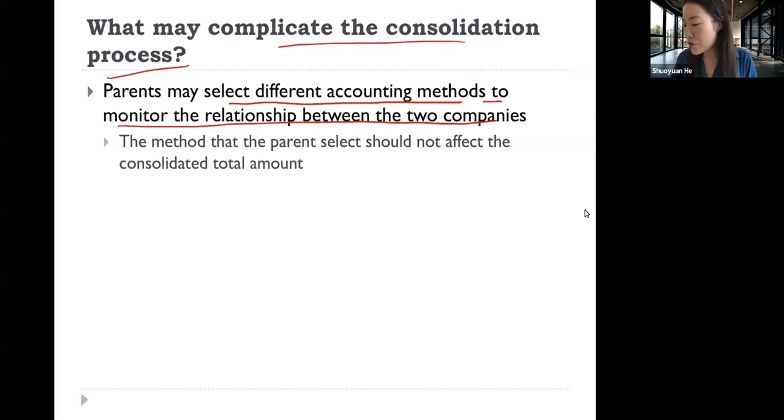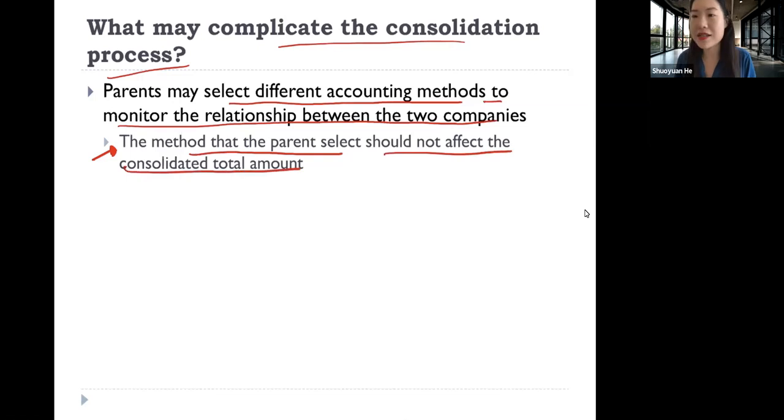We're going to see it through an example, but I just want to mention up front that the method the parent selects should not affect the consolidated total amount. In other words, no matter which method the parent selects to monitor its relationship with the subsidiary, your consolidated total numbers should always be the same.